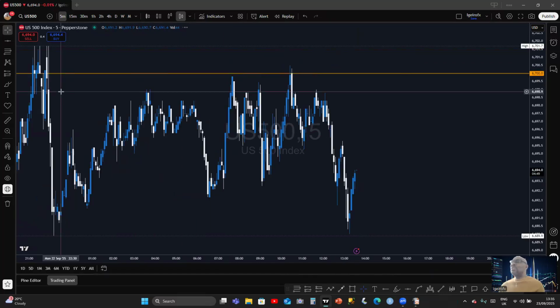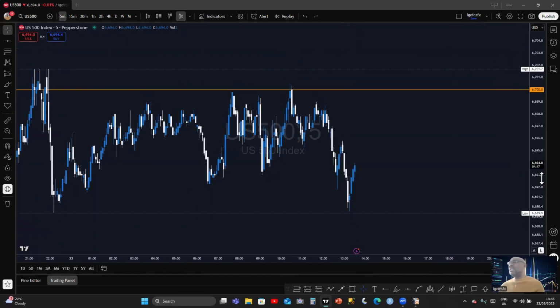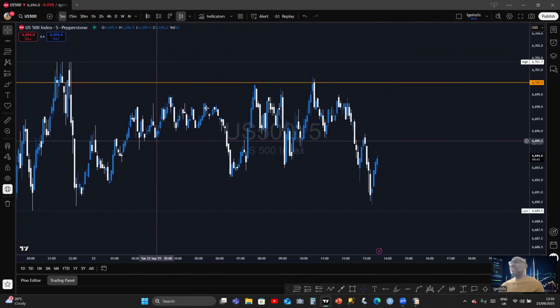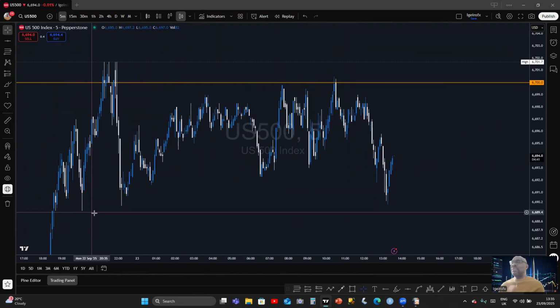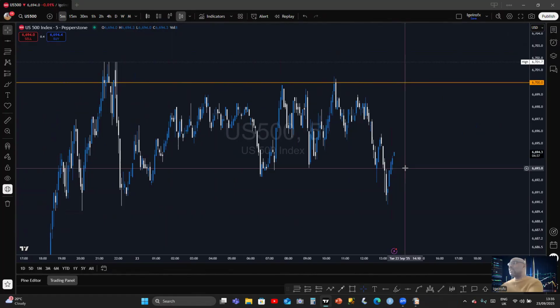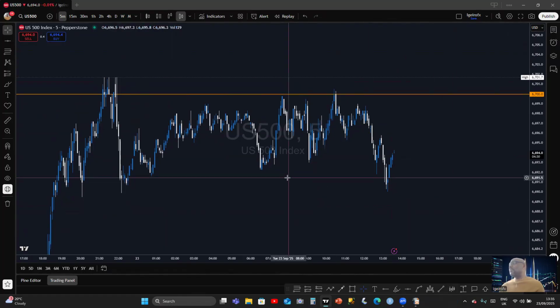If you come to 5 minutes, you see all this movement. They are unnecessary. We will now come here and be trading. Look at how this one is pushing, going up, coming down. Is that what you should be trading?